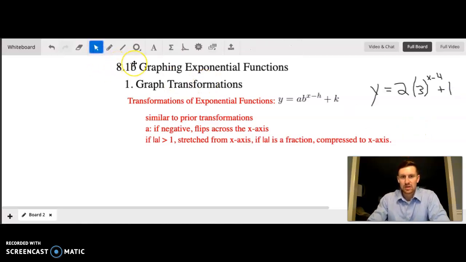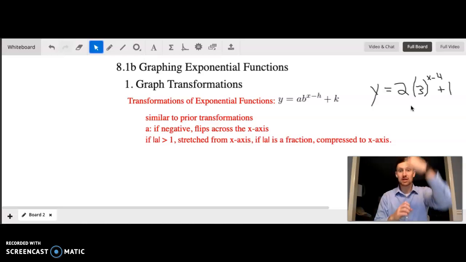Essentially the a value is this number out front, right here. If that's greater than 1, it's going to be stretched from the x-axis. In other words, it's going to grow more rapidly. It doesn't move, it's just stretched. Think about that, because we're taking whatever our number was and multiplying it times 2. So we're doubling it. Whatever that point was, we're doubling it. So we're just stretching that curve.